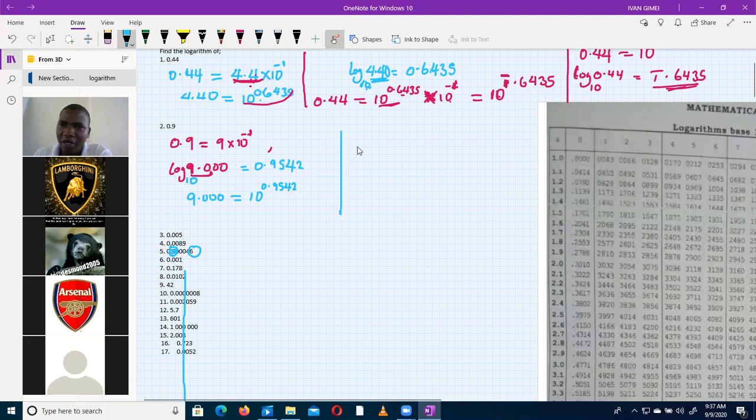If I'm looking for the logarithm of, let's say, 1.436, these first 2 digits are obtained from the first column, the one headed X. Then the third digit is obtained from the first row.